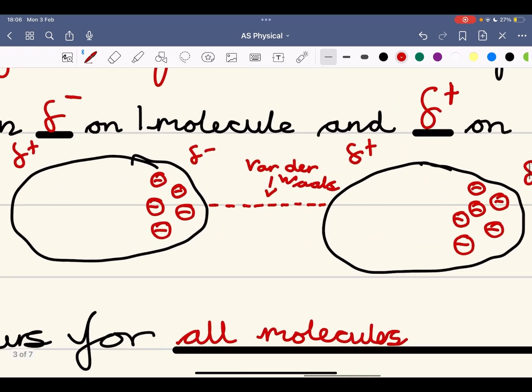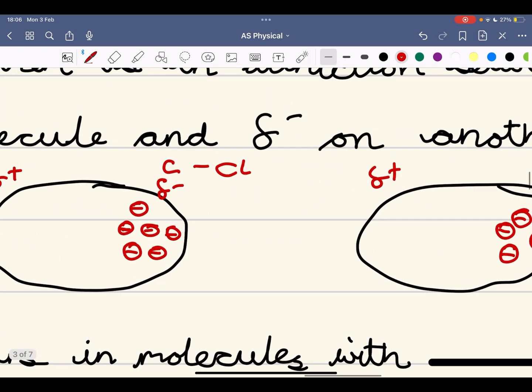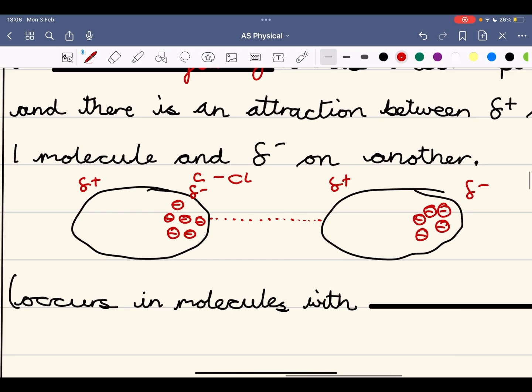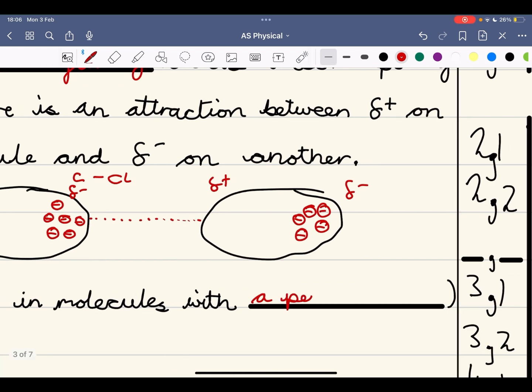Whereas here, this was for a split second. This one's permanent. And once again, the slightly negative on this molecule will be attracted to the slightly positive on the other molecule. And this occurs in molecules with a permanent dipole.